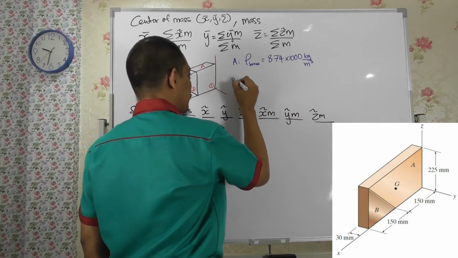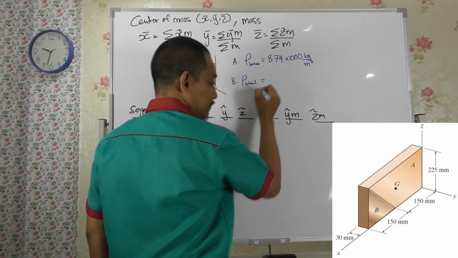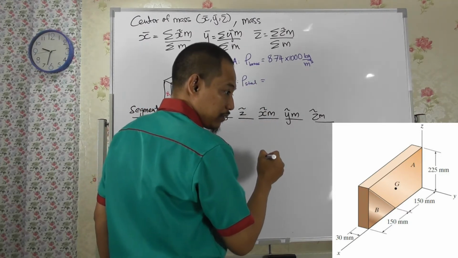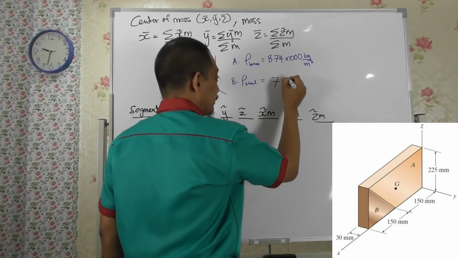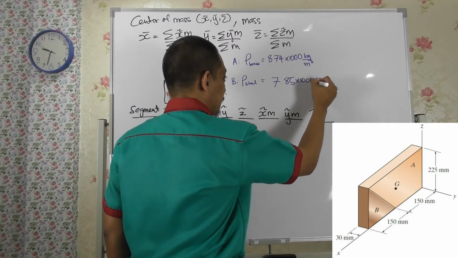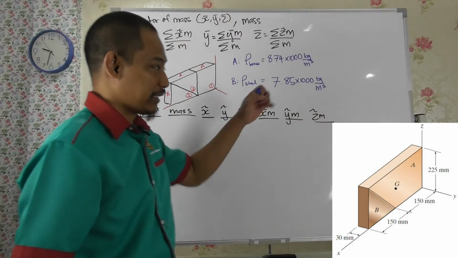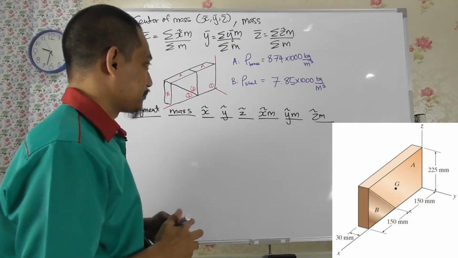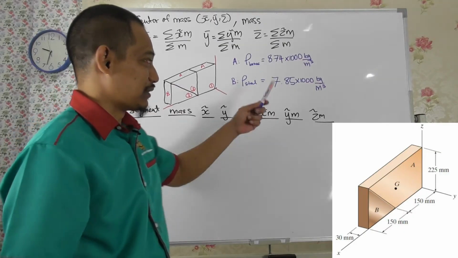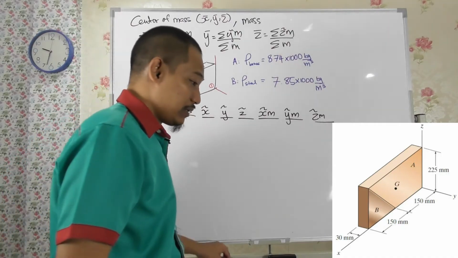Material B is raw steel, 7.85 times 1,000 kilogram per meter cube. Of course you can just write megagram per meter cube. I just want to change it to kilogram, hence it becomes like that, right?